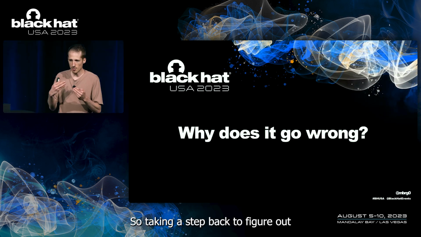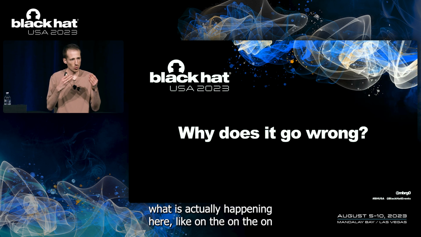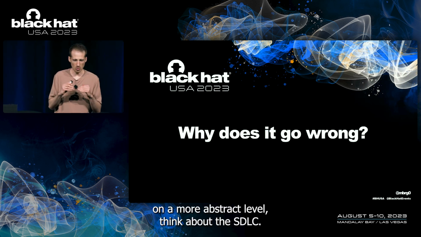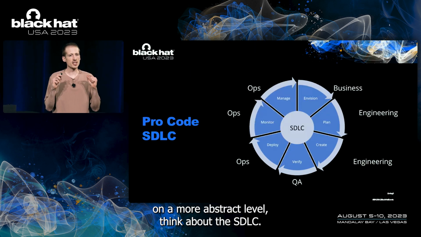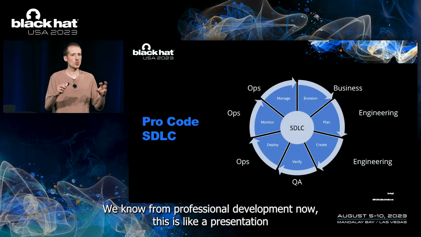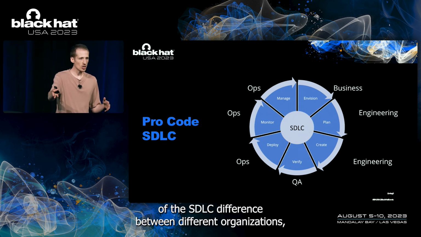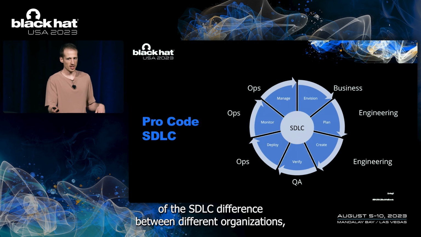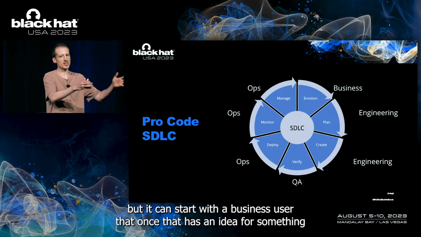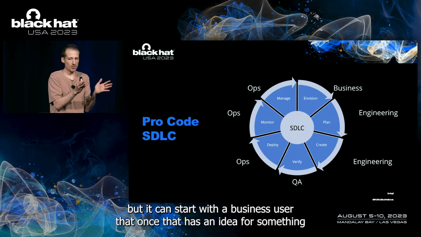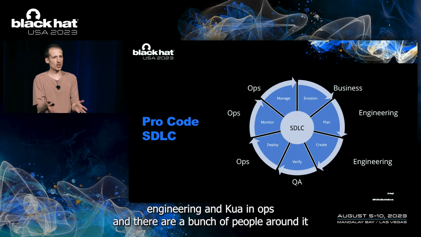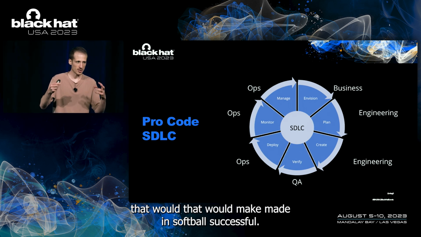And so taking a step back to figure out what is actually happening here, on a more abstract level, think about the SDLC we know from professional development. Now this is a representation of the SDLC. It differs between different organizations, but it can start with a business user that has an idea for something, and then it goes through engineering and QA and ops, and there are a bunch of people around it that would make the software successful.